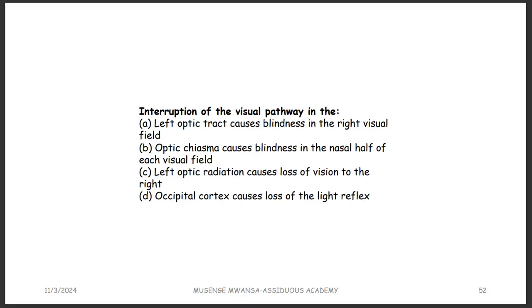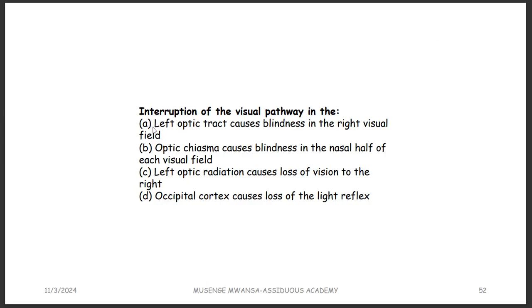Interruption of the visual pathway in the left optic tract causes blindness in the right visual field. Optic chiasma causes blindness in the nasal half of each visual field. Left optic radiation causes loss of vision to the right. Occipital cortex causes loss of the light reflex. So which one has been correctly described?